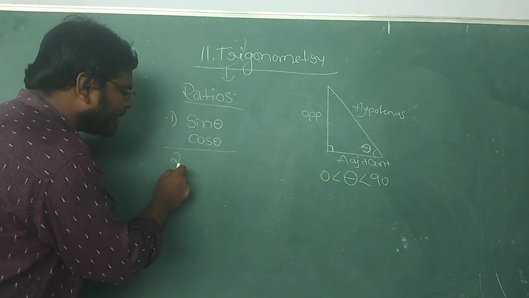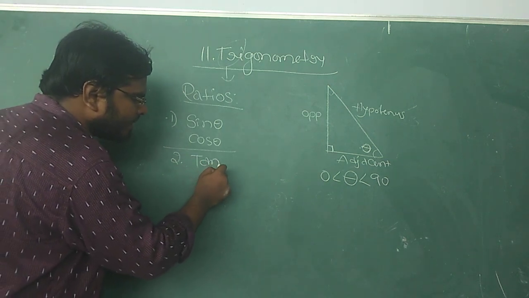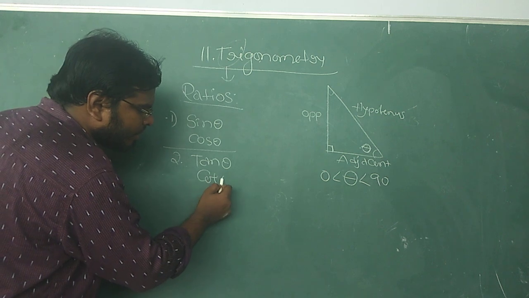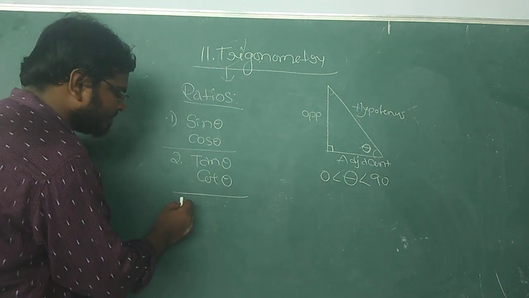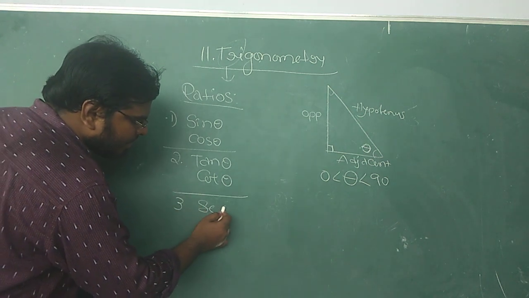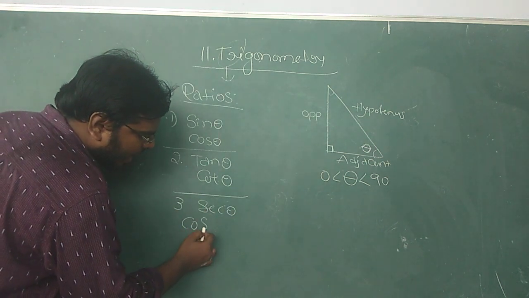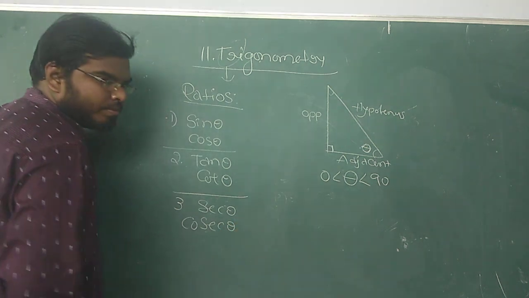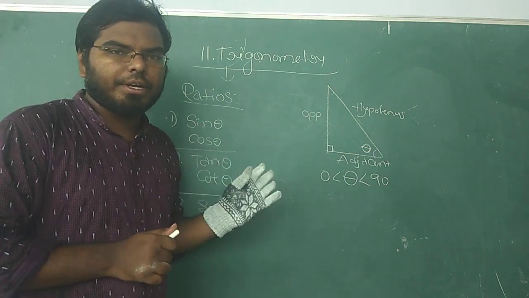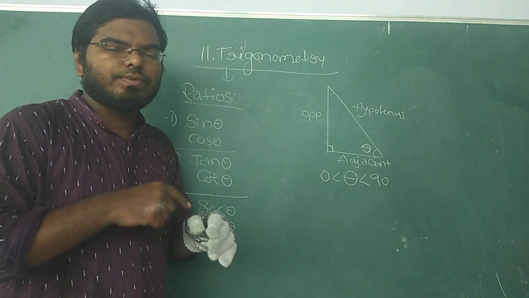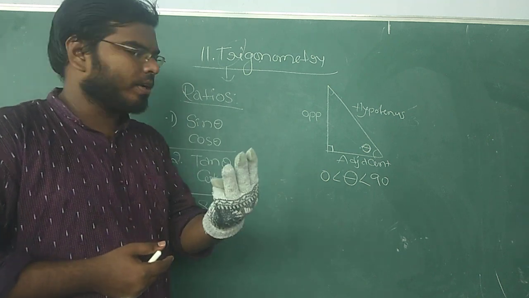The next group is the T group, tan theta and cot theta. The third group is sec theta and cosec theta. Actually we have 6 ratios in trigonometry, but we divide the 6 ratios into 3 equal parts.